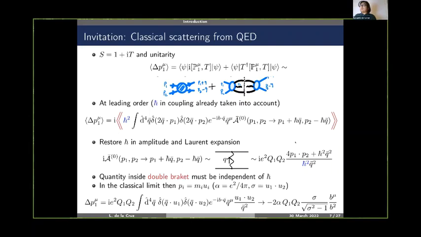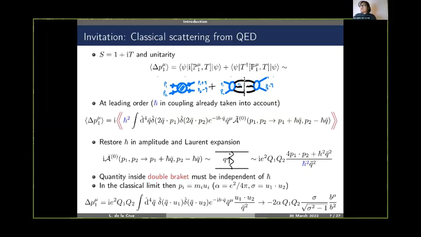So the quantity in brackets that I'm going to define in a bit is what tells me that I'm taking some classical limit. Then the next step is to restore h bars in the amplitudes and then perform a Laurent expansion in powers of h bar. In this case, this is quite simple.